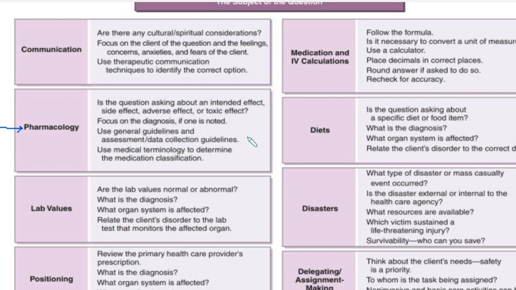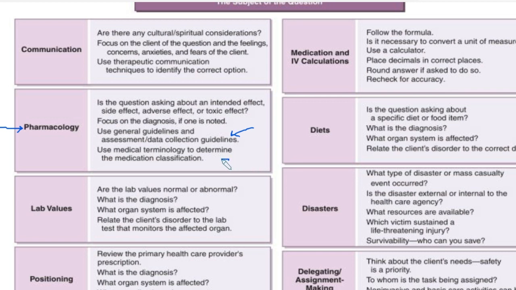So even if I don't exactly know the med, that may be a clue. 3 days out from a renal transplant, what are patients likely to receive? Use general guidelines and assessment data collection guidelines. We're going to use those guidelines as we read through the options to help us use our process of elimination, your clinical reasoning.